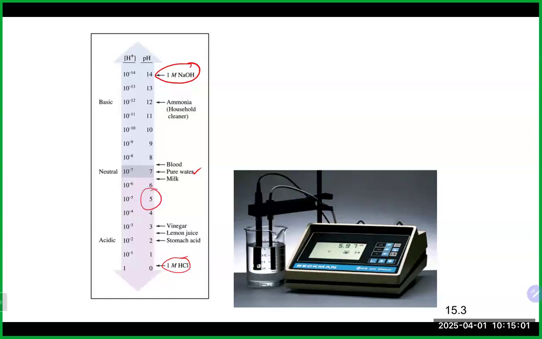It'll probably be like in this range there, and that's because as it sits out, it will pick up some carbon dioxide, and a little water and some CO2 makes a little carbonic acid, increases the H plus concentration a little bit in that solution and causes the pH actually to be a little bit more acidic in that case. We got vinegar, lemon juice, stomach acid, all acidic along the way. Now, that is a pH meter, which is obviously one way that you can check the pH of a solution.